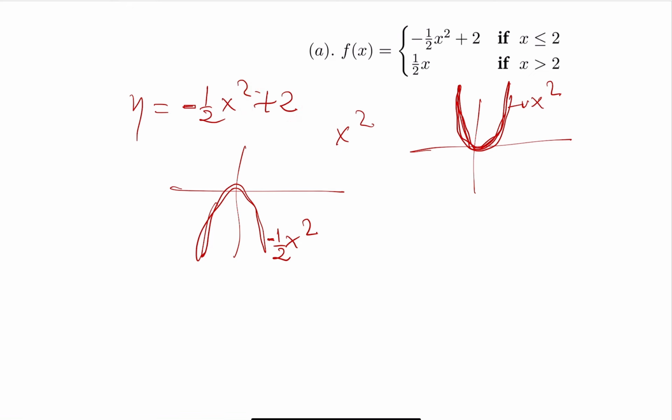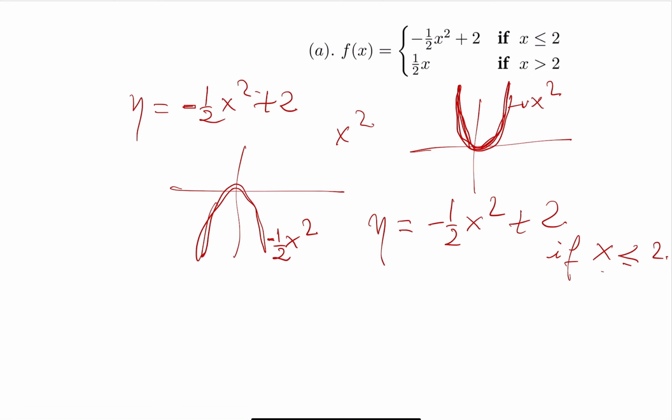Be careful here, because the interval is x less than or equal to 2. It means y equals negative 1/2 x squared plus 2 if x is less than or equal to 2.